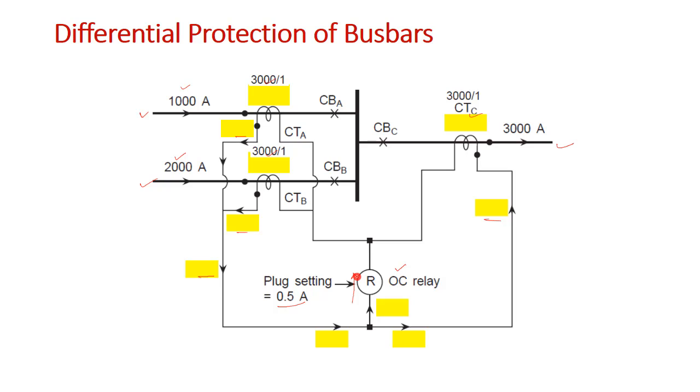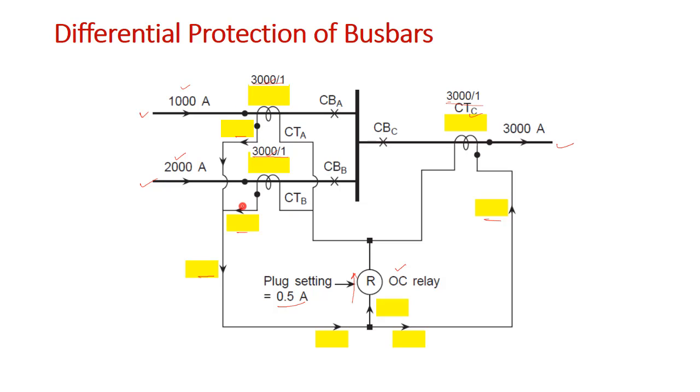right? Now if I choose 3000 is to 1 for each of the CTs, for outgoing feeder as well as incoming feeder, then you can see here it will become how much current?